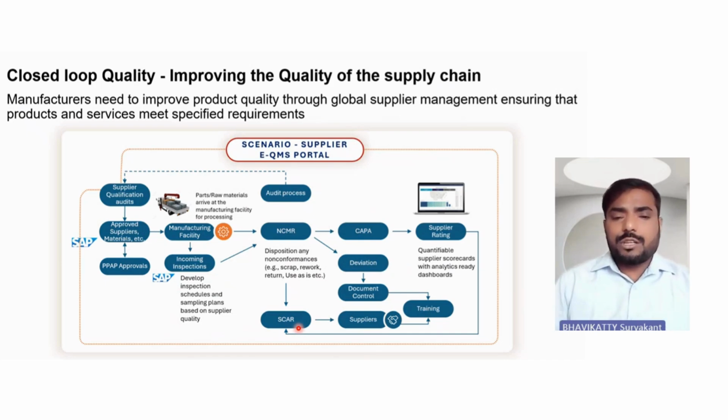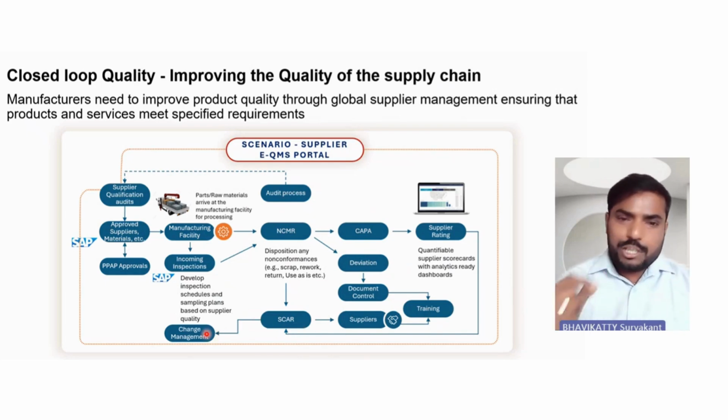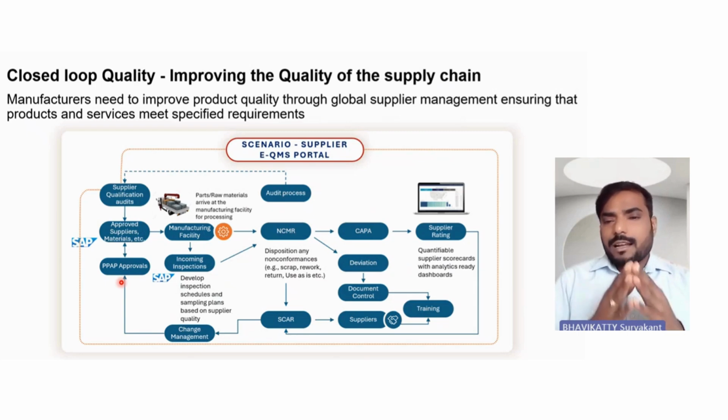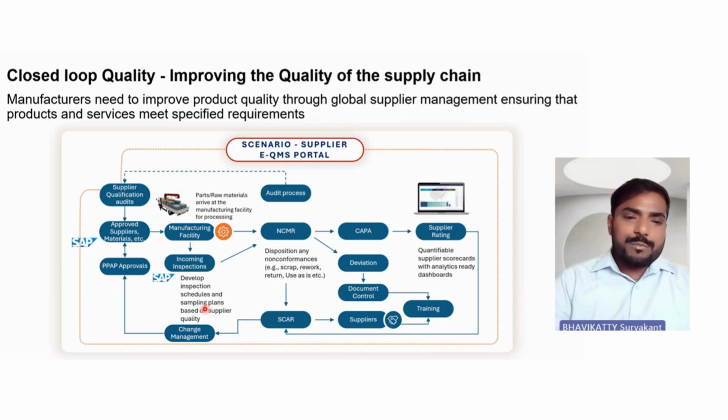And if this action has an impact on either of these two, then it will be connected to the change management. And as you are aware, every change mandatorily requires PPAP, and this is how it is linked with the PPAP approval. And now just imagine, from the supplier assessment to the supplier performance rating, all these activities are happening in a closed loop way. And from the change management, it requires a re-PPAP.